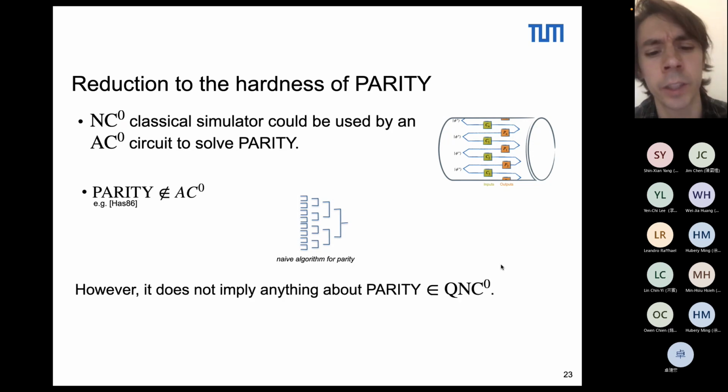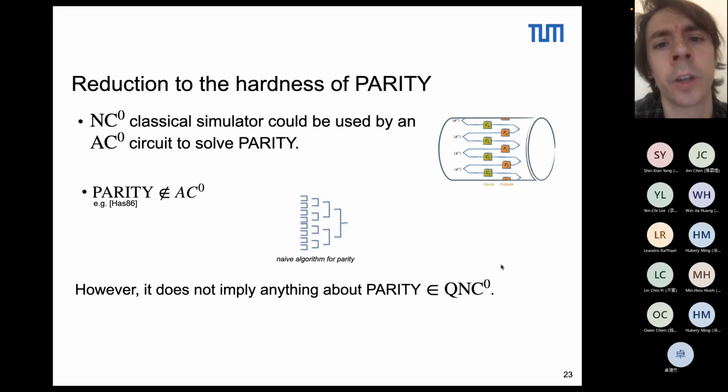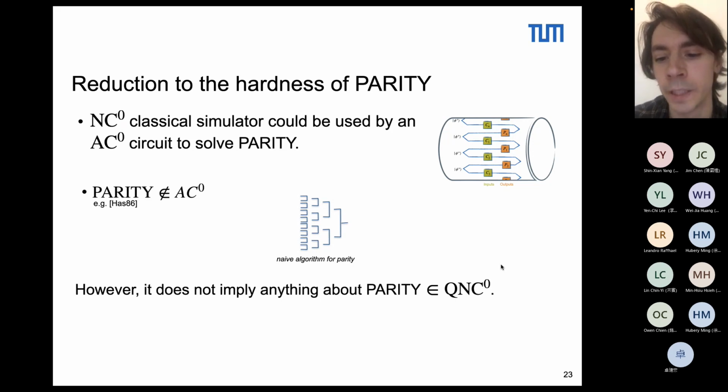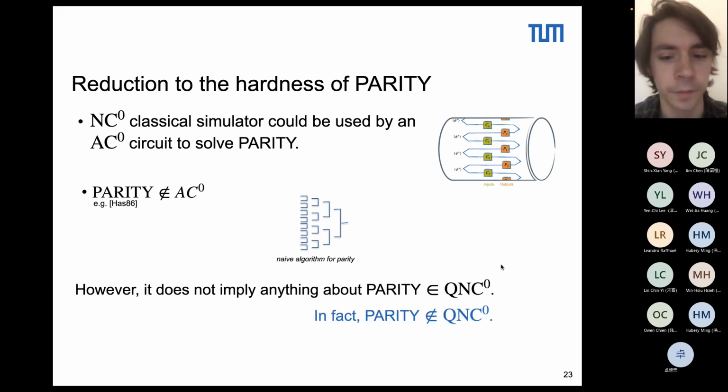However, the result does not imply anything about parity being in QNC0. So to be clear, our circuit does not compute parity. It computes some other function, which if it was simulable by a classical simulator, then it could be used to compute parity. And in fact, parity is not in QNC0.